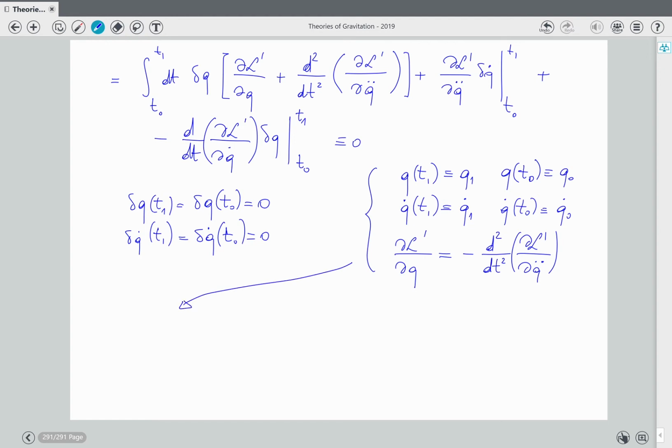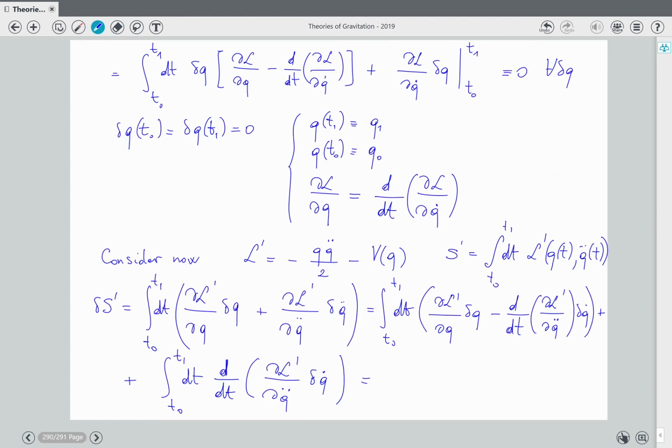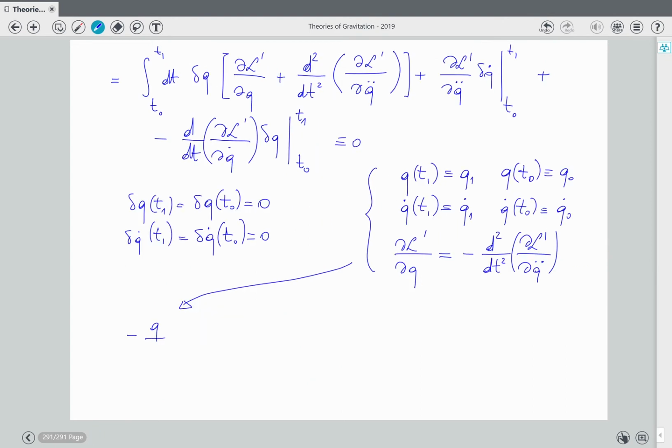So the extra term is, partial L prime divided by partial q is minus q over 2, minus q dot dot over 2, minus the gradient. Okay. That is equal to minus the second derivative of minus q over 2 again, and that is equal to q dot dot over 2. So in the end, you get q dot dot is equal to minus the gradient of the potential.